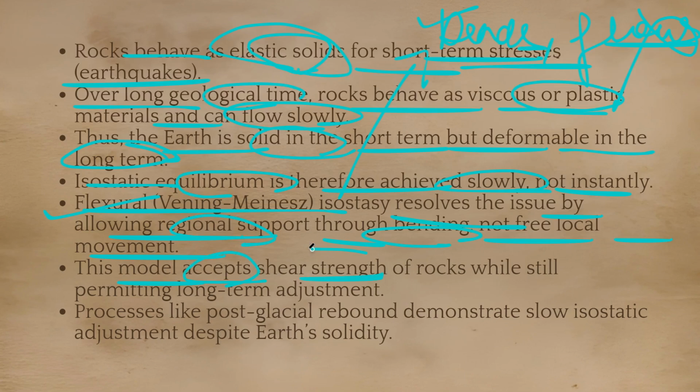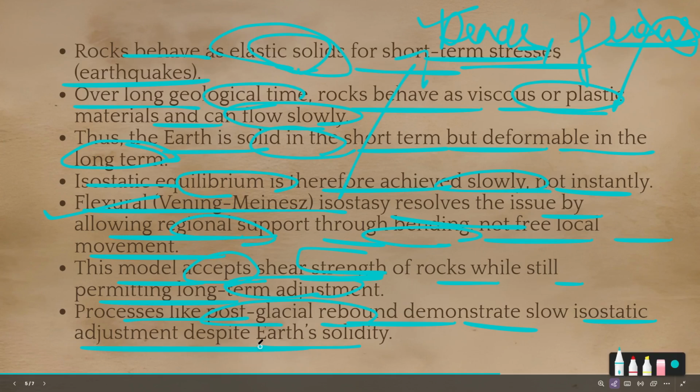This model accepts the shear strength of rocks while still permitting long-term adjustment. So because of this model, we accept that rocks have shear strength. At the same time, they are open to adjustment, but over the long term. Processes like post-glacial rebound demonstrate slow isostatic adjustment despite Earth's solidity.